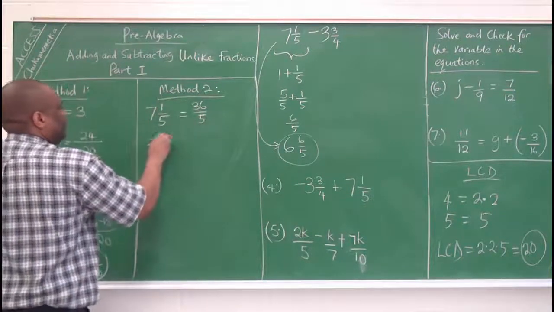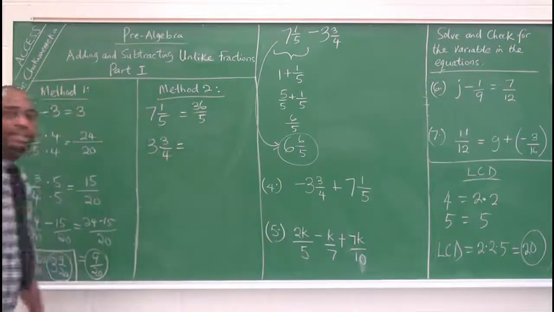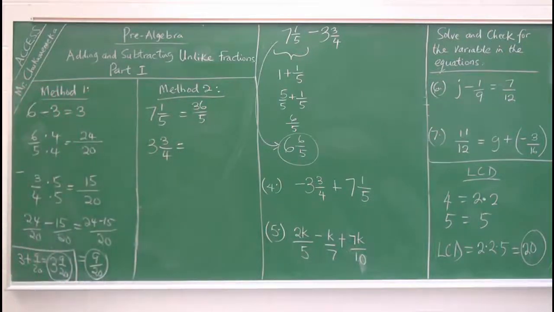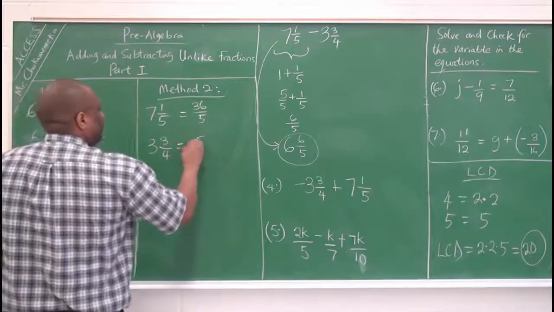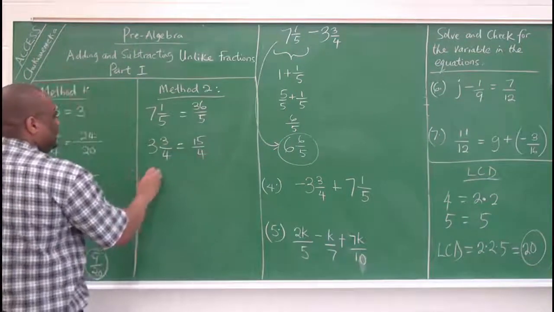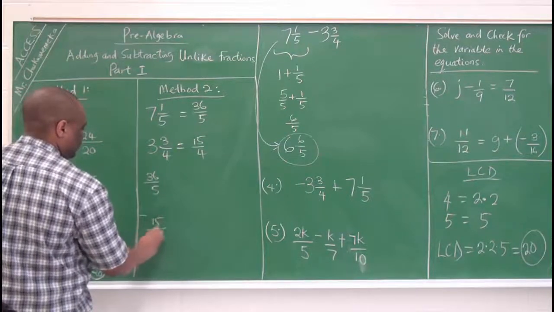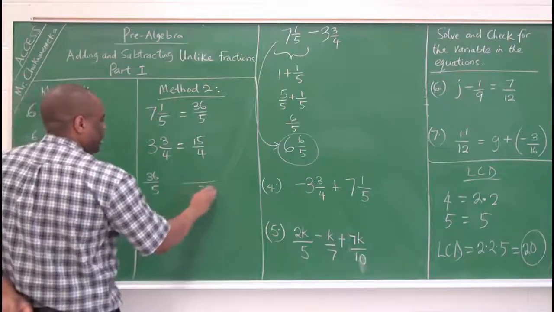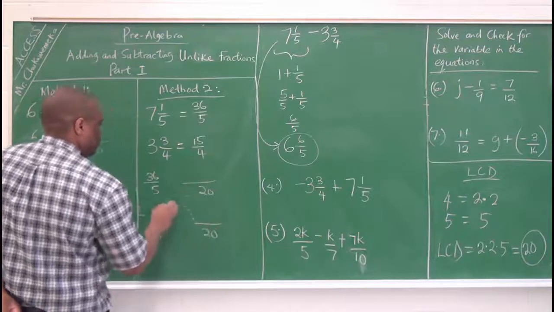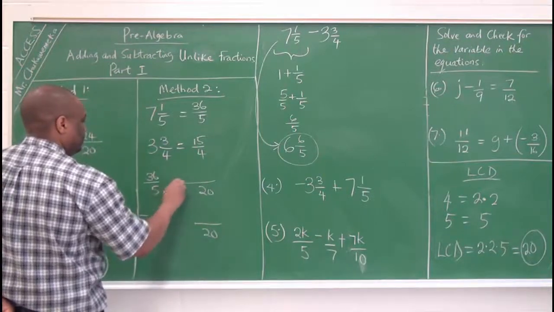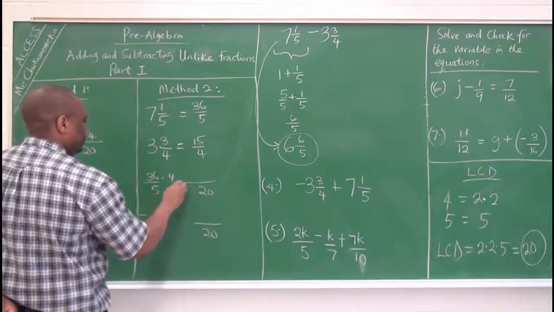Then 3 out of 4. 4 times 3 is 12 plus 3 is 15. 15 out of 4. So we have 36 over 5 minus 15 over 4. This is over 20.